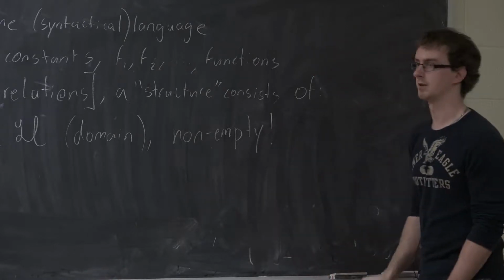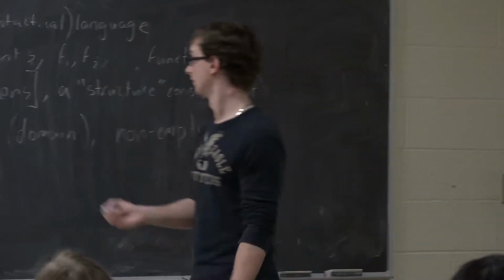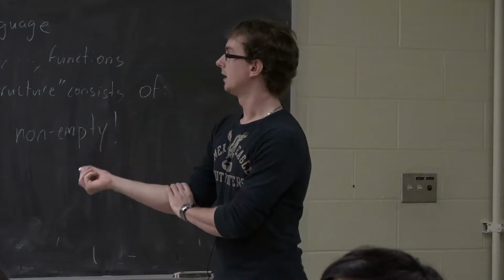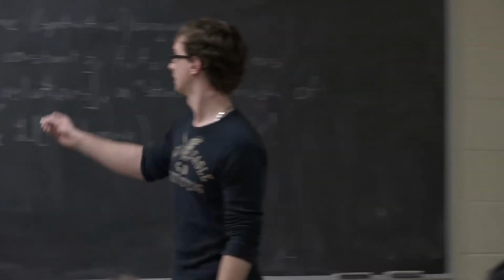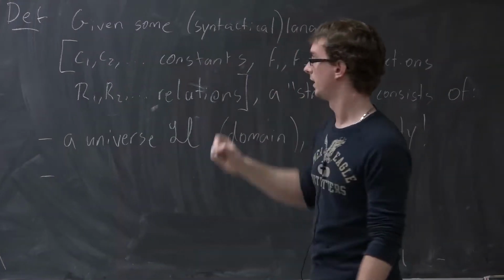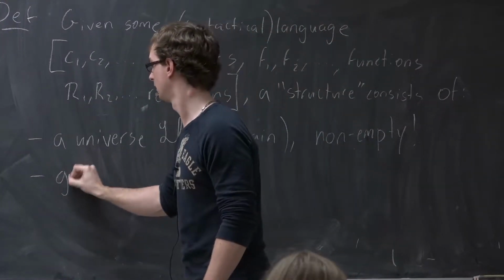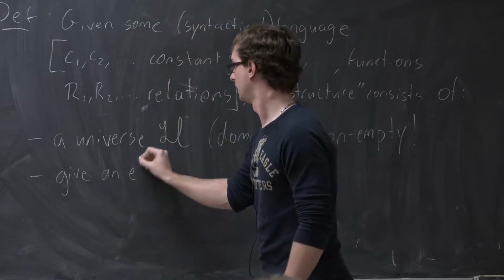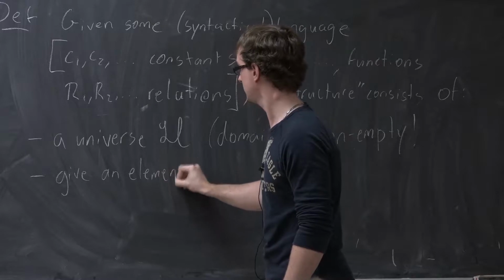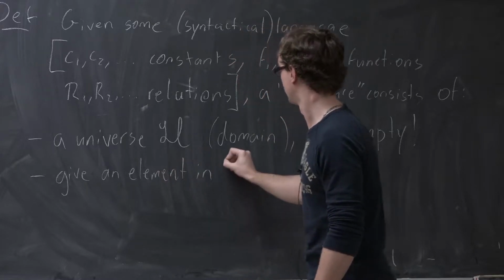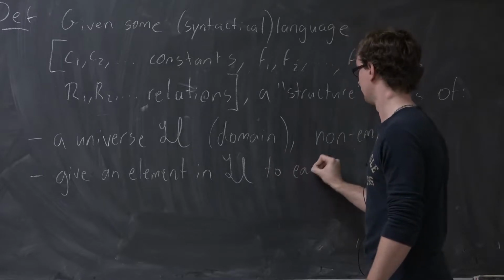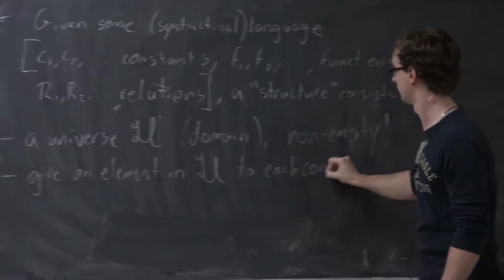If we have an empty universe, bad things happen. The next thing we have to do to interpret these symbols is say what all of our constants mean. So we have to give an element in U to each constant.